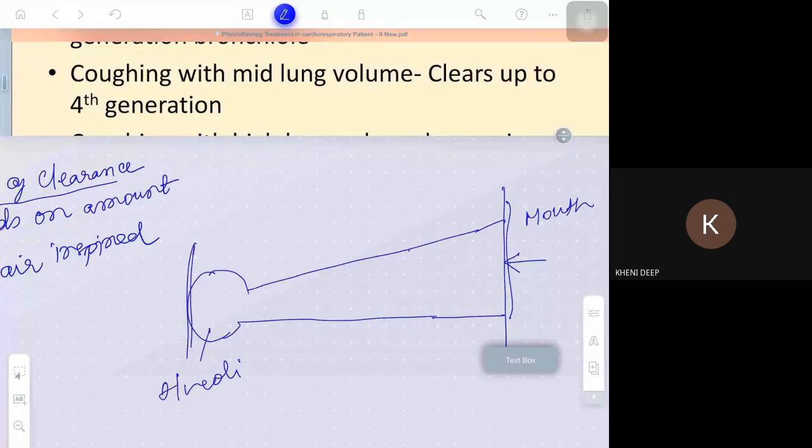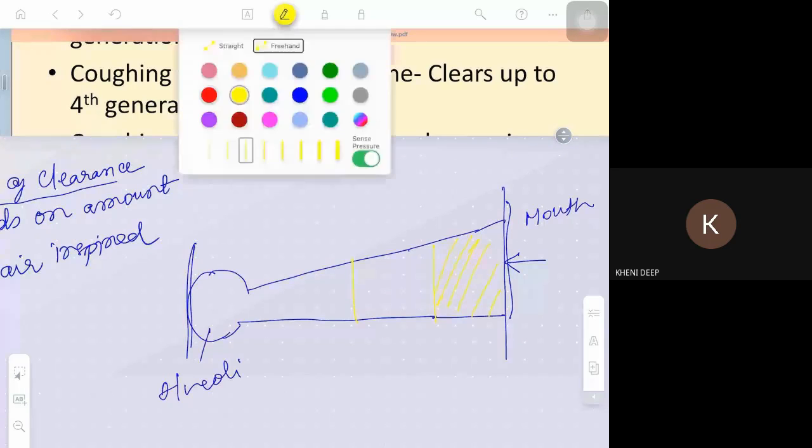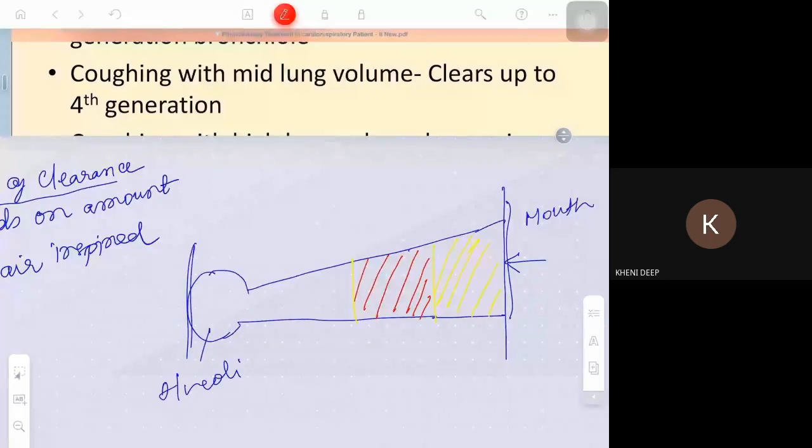So from here to here it is called upper airway, and from here to here it is called middle airways, and here it is called smaller airway or peripheral airway.